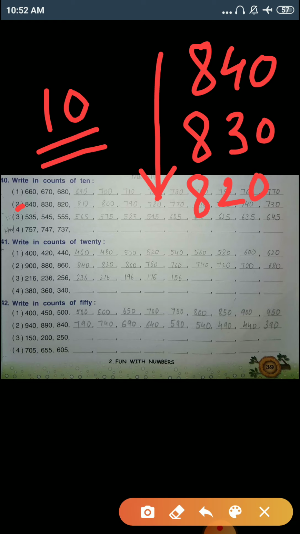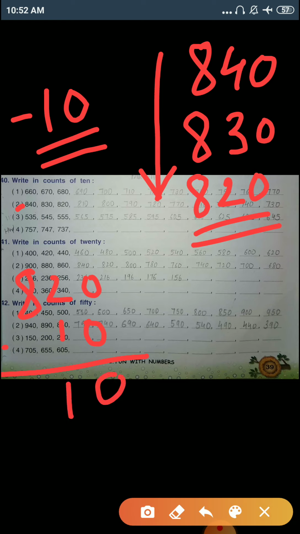So for finding out the next number, again we are going to subtract 10 from this number. So let's see, 820 minus 10. 0 minus 0, 0. 2 minus 1, 1. And 8 as it is. So after 820, 810 will come.